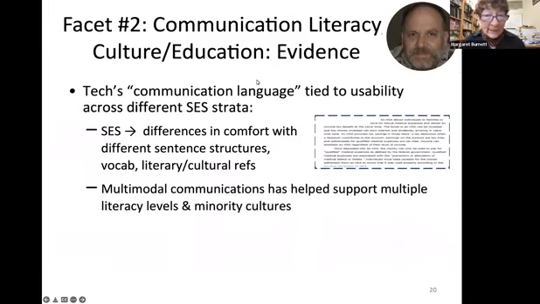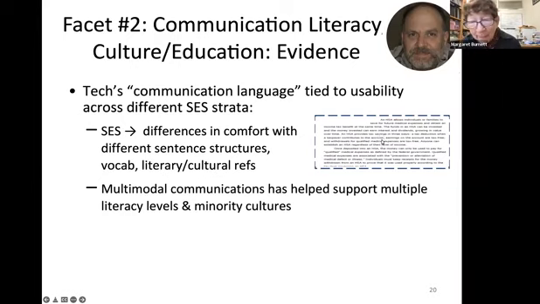So what's some of the evidence behind this? Text communication language is tied to usability across different SES strata. So for example, socioeconomic status affects differences in people's comfort with different sentence structures, different vocabulary, different literary or cultural references.